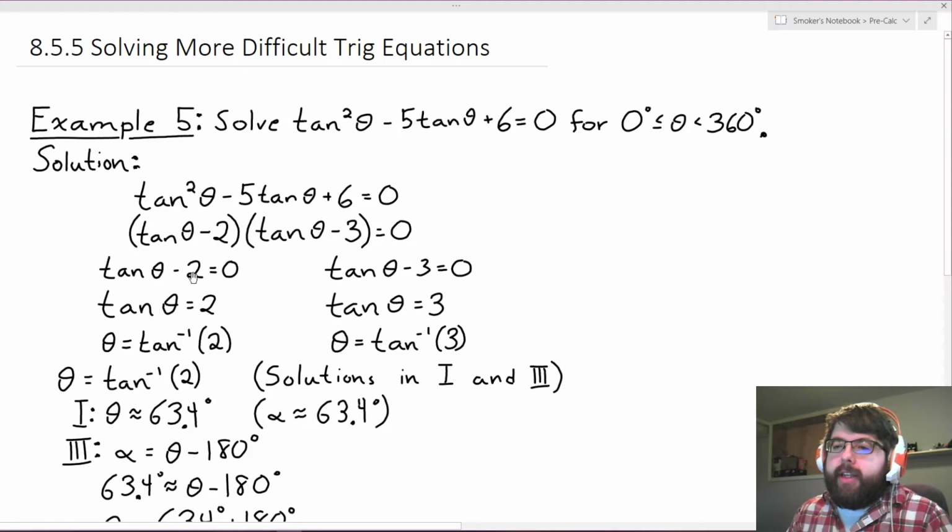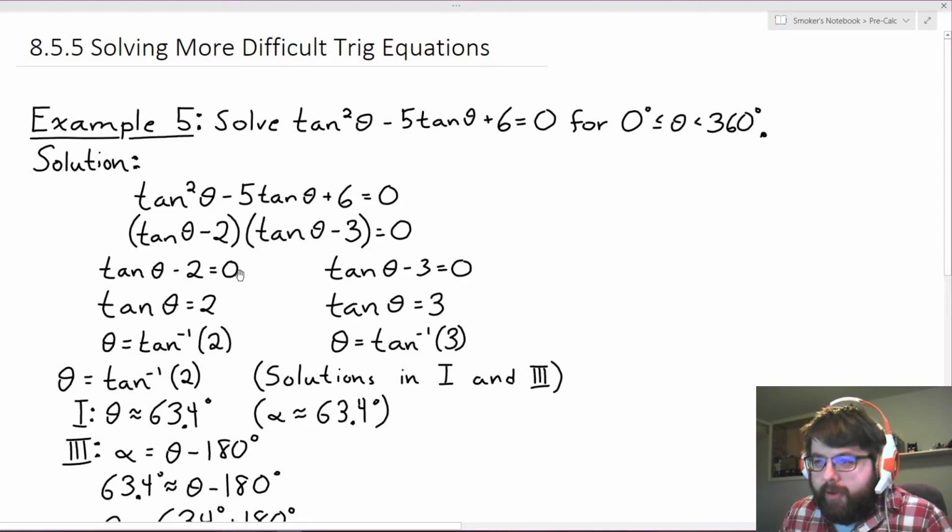So setting each of these equal to 0, if tangent of theta -2 is equal to 0, add 2 to both sides, and then we're going to take the tangent inverse of both sides. Over here we have tangent of theta -3 equals 0. So tangent is different.